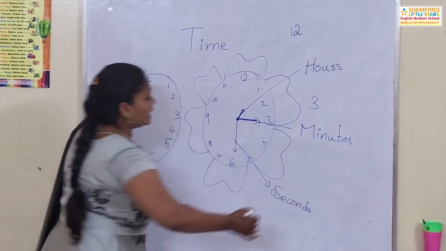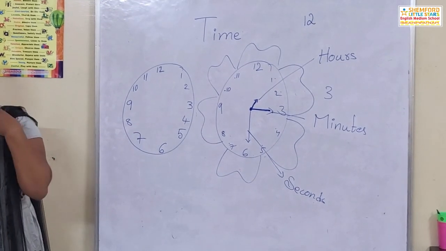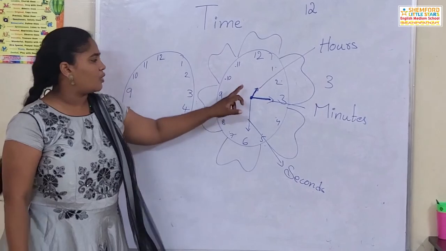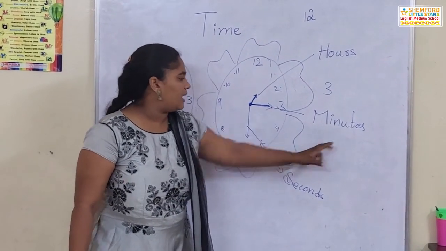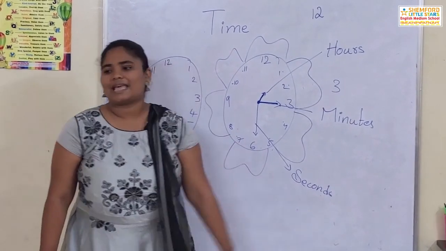So there are 3 needles in every clock. One is for hours, the smaller one, the medium and bigger one is for minutes, and the thin and taller one is for seconds.